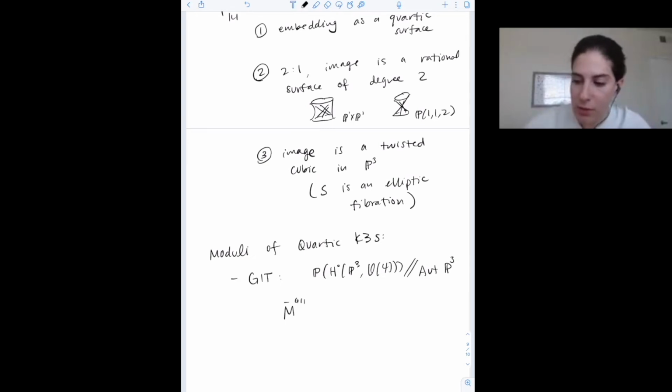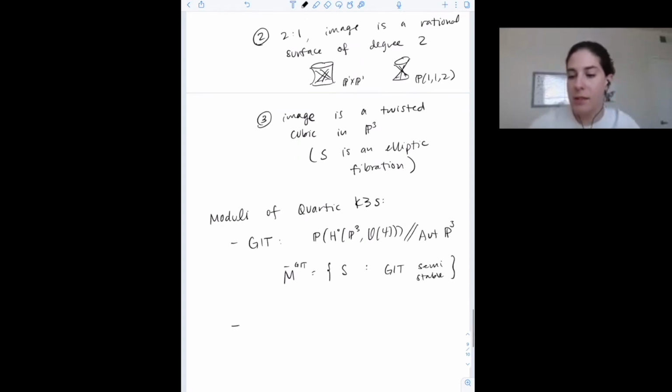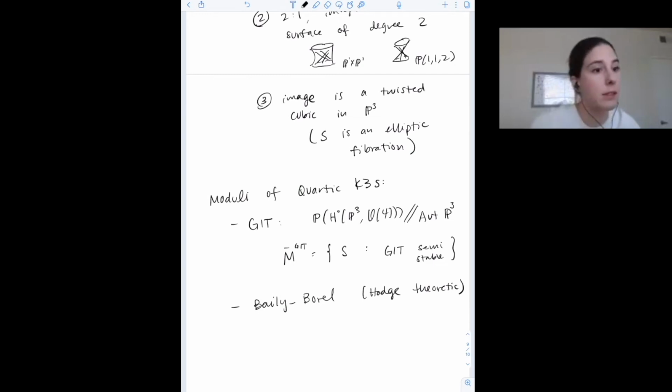Maybe I'll just use the same notation and call this MGIT. So these will be surfaces S that are GIT semi-stable, or polystable if we're talking about the moduli space. And we also have the Baily-Borel compactification coming from Hodge theory, and the global Torelli theorem, which embeds the quartic surface into the period domain.